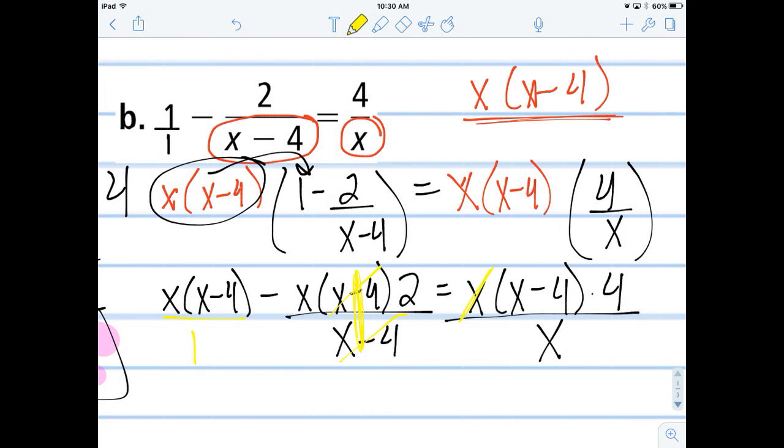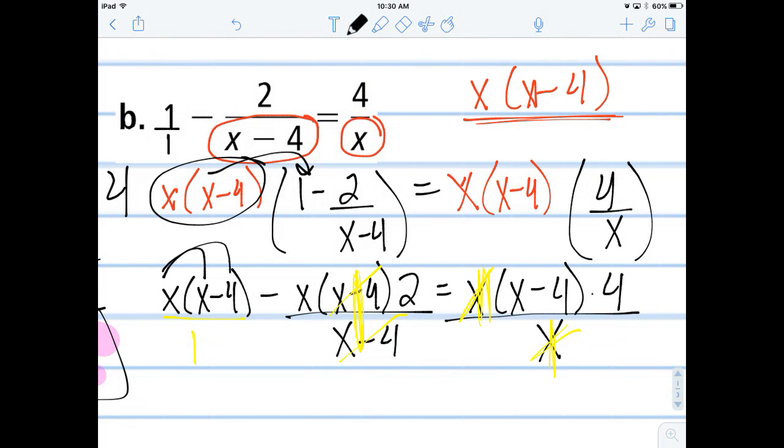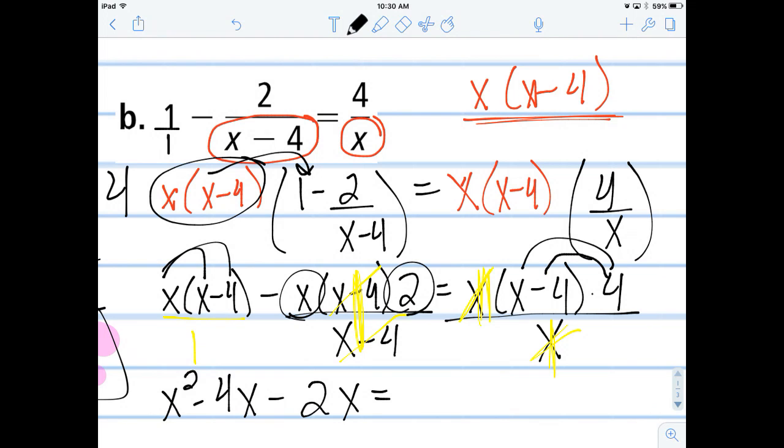This x and this x will divide out to 1. So now we just need to do some distributing. We'll have x squared minus 4x. Now here we'd have minus, we've got this 2 and this x, so minus 2x equals, now over here, distribute that 4 in, 4x minus 16.